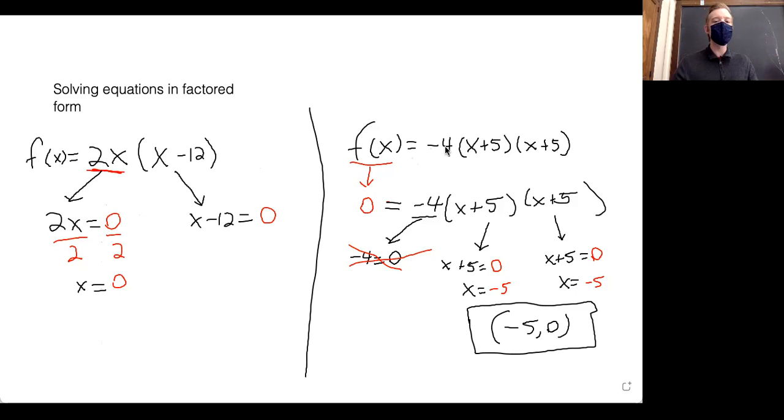It's why this -4 didn't change anything about our x-intercepts. Same thing right here. If I have this 2 in front of the x and I divide by 2, I still have 0 here. So my x-intercept is still 0, 0. The second x-intercept, obviously, I'm going to add 12 on both sides, and I'm going to get x equals 12. And so my second x-intercept will be 12, 0.